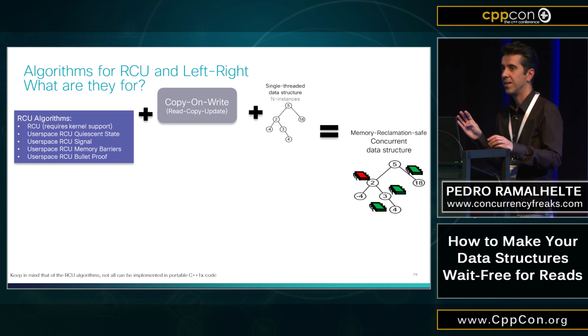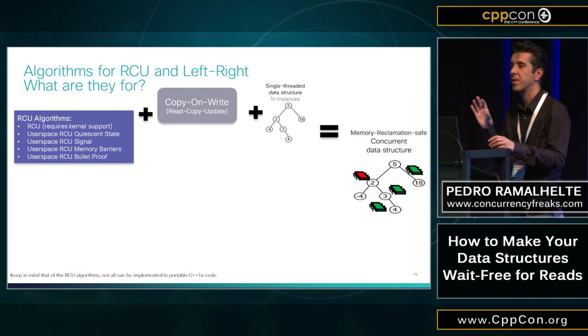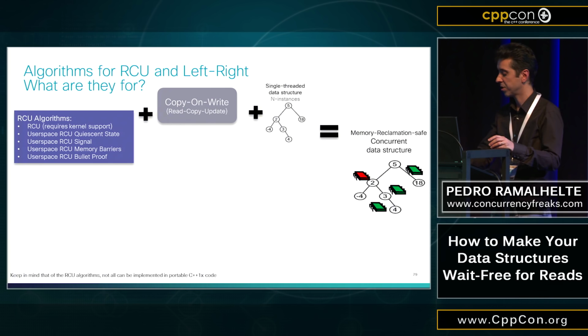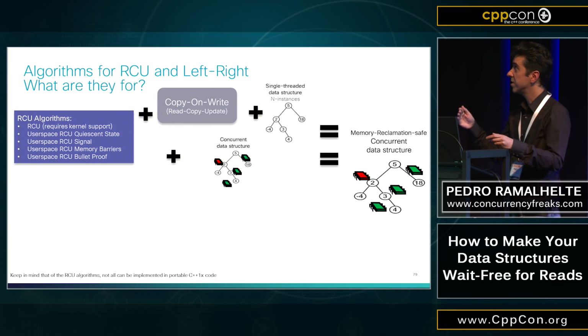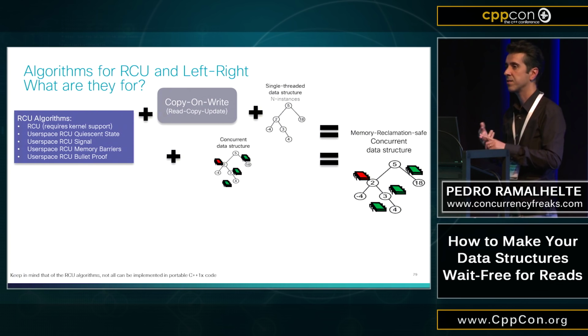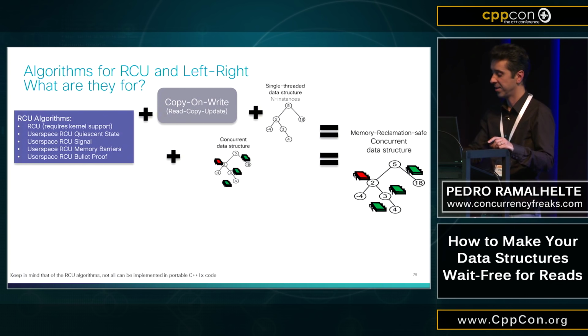The memory reclamation is done for you in the data structure. That's very precious. And of course, you can do the same thing with RCU plus a concurrent data structure like the Harris linked list or the Michael and Scott linked list. And in the end, you get a concurrent data structure with memory reclamation.